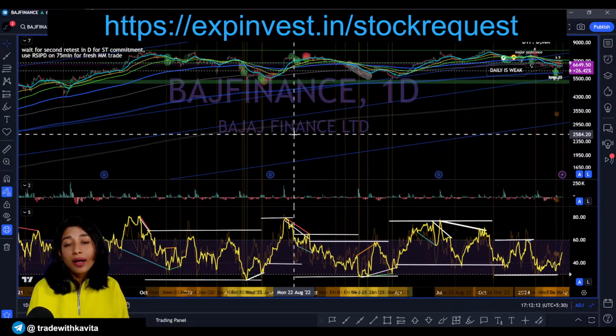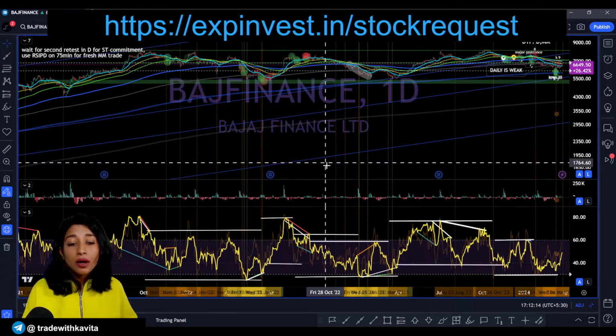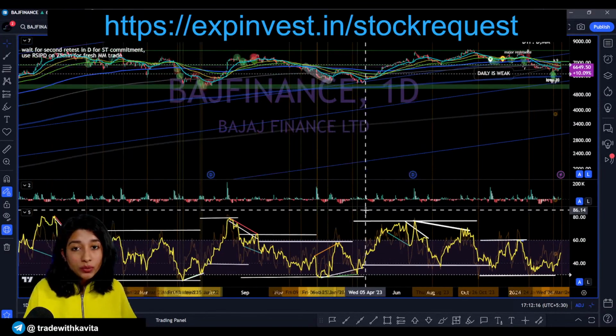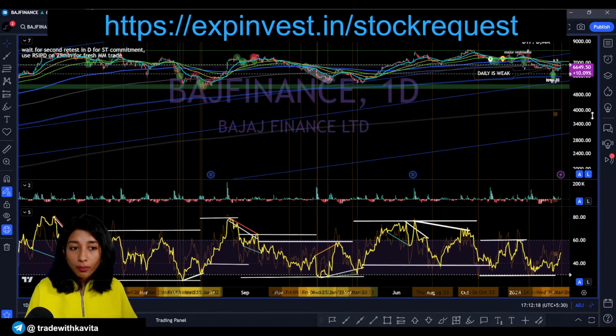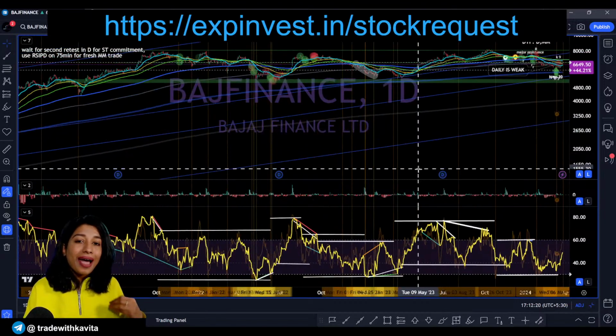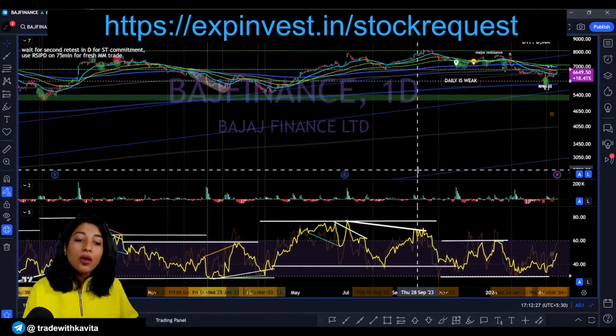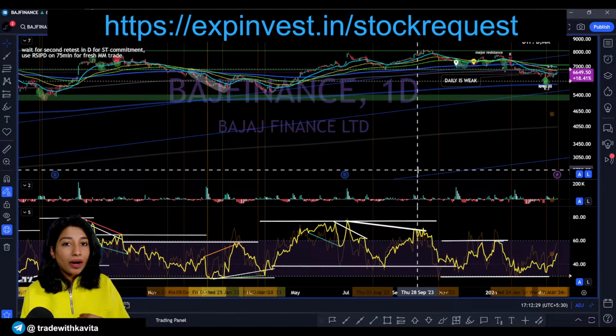So we have to have strong risk management strategies in place. We need to always trade with stop losses. Now, what is the hack that I'm talking about when it comes to swing trading? There are two elements to it. Number one, when you're trading in a bearish market, your decision-making mechanism has to be stronger.